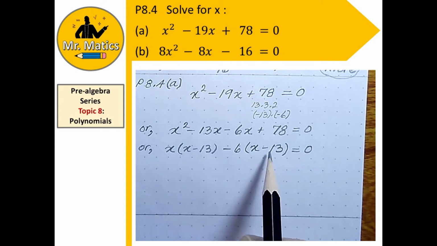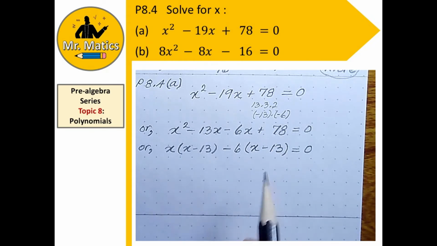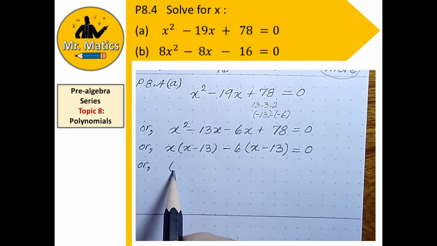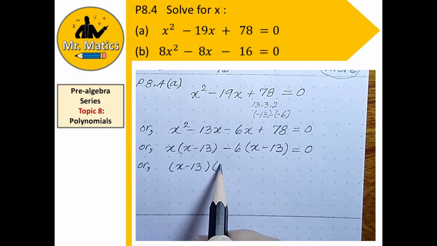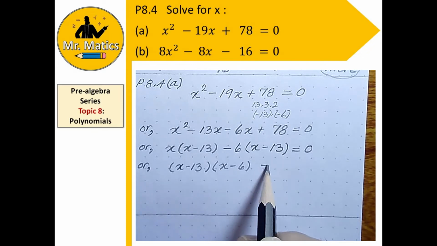So 6 times 13 is 78, and minus 6 times minus 13 is 78, so that holds. Or, taking x minus 13 common, what remains is x minus 6, and that is set to 0.